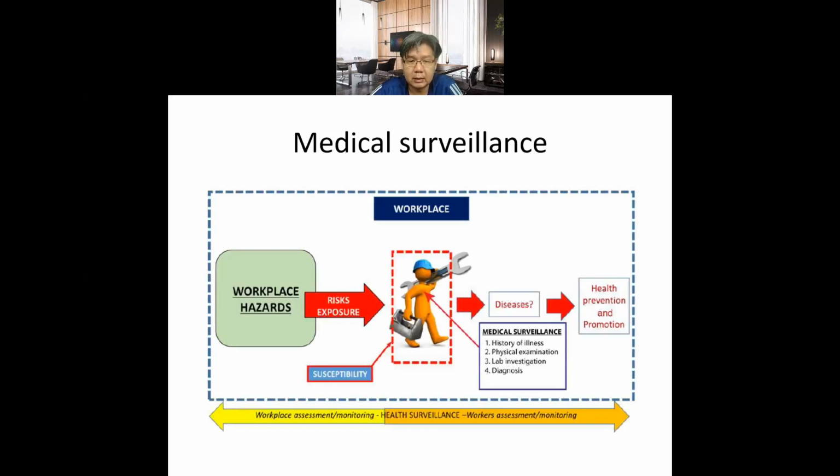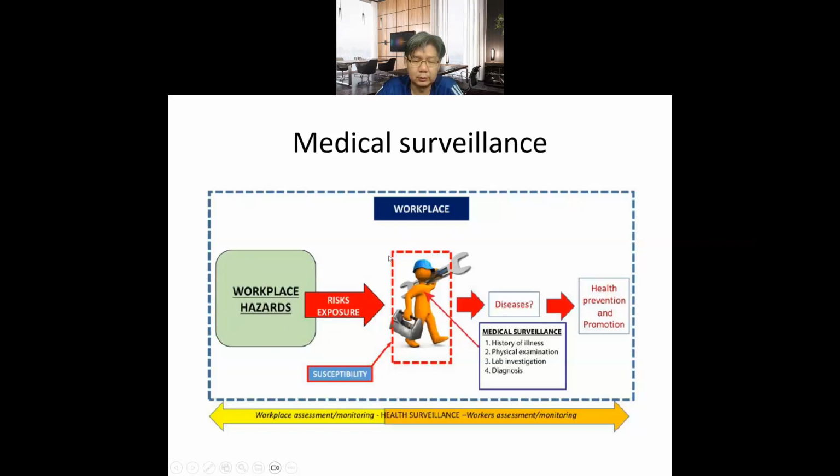Okay, so these are the two important indications for medical surveillance. So basically, medical surveillance is for the purpose of detecting the early phase of the disease and identifying workers at risk who might develop the disease. If you look at this diagram, it is very clearly explaining where medical surveillance comes in. We have the workplace hazard exposure.